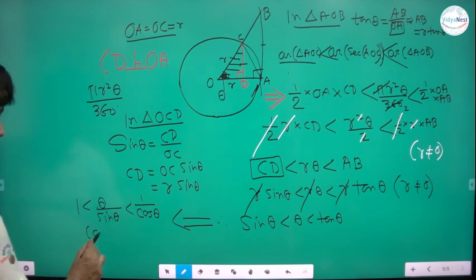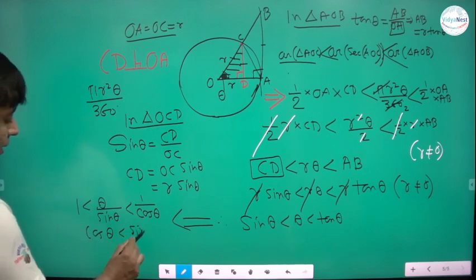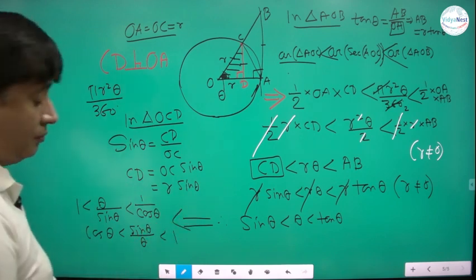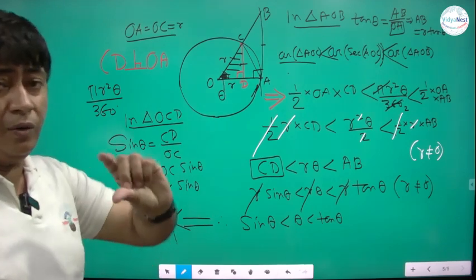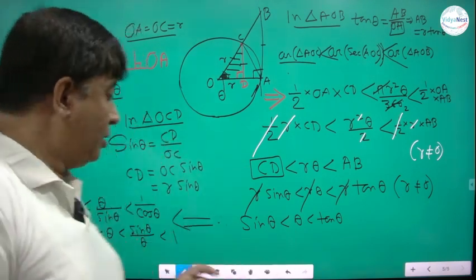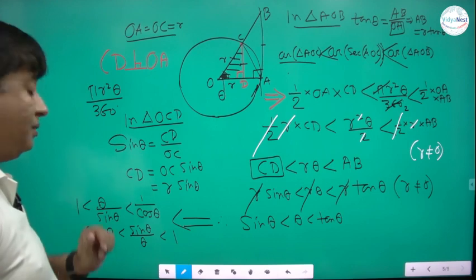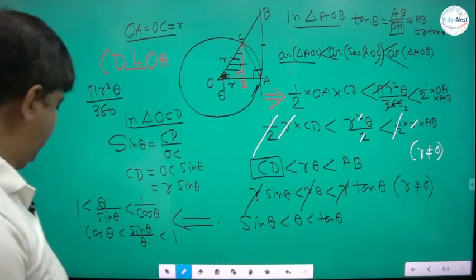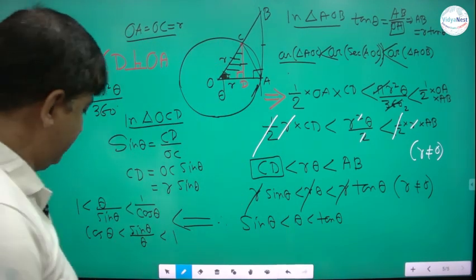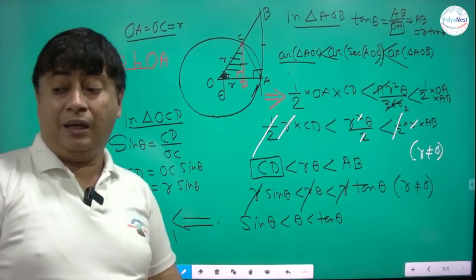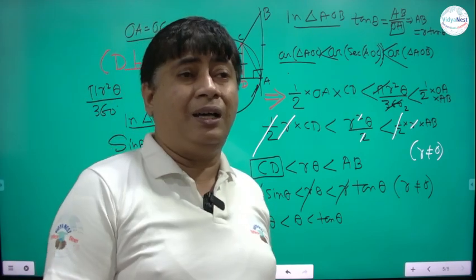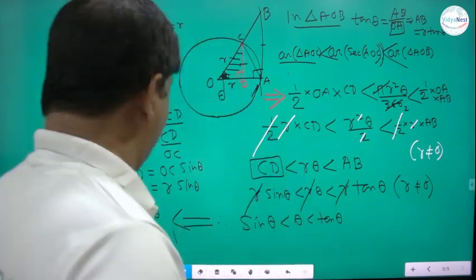If you reverse, cos theta less than sine theta by theta less than 1. Now tell me, for what value of theta cos theta and 1 become same? When theta is equal to 0. Yes or no? So I will examine the limit at which theta tends to 0.